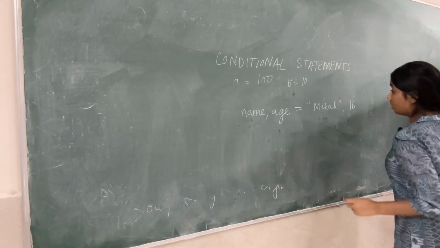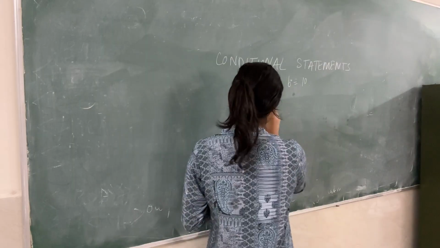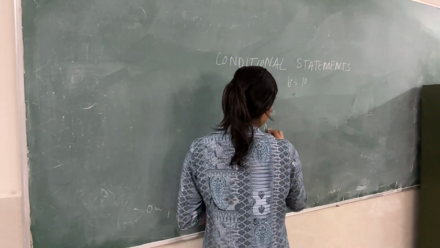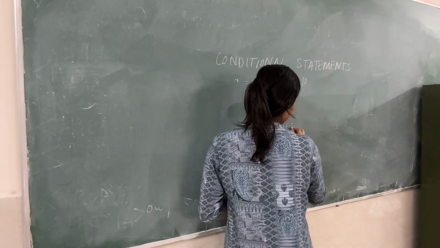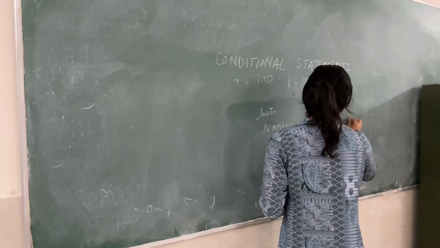Now you've learned about lists, right? It's when something has many different values, like 1, 2, 3, 4.